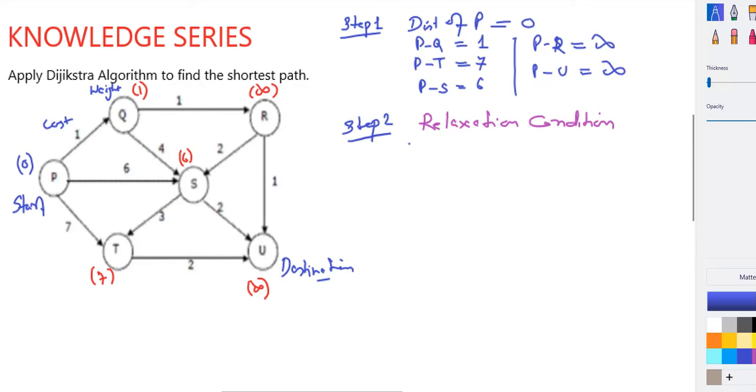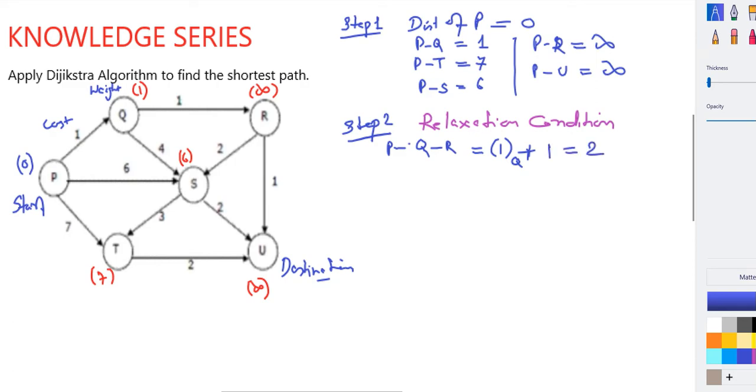If you see all the other nodes, the smallest weight appears for the vertex Q. So we will consider Q as the point over which we will consider the shortest path, and from Q 2 links are emerging out, that is Q to S and Q to R. So we will check with respect to Q to R, where P is the starting point, that is P, Q, R. PQR indicates the weight of Q, that is 1, plus the distance between Q and R, that is the link cost, which is 1.